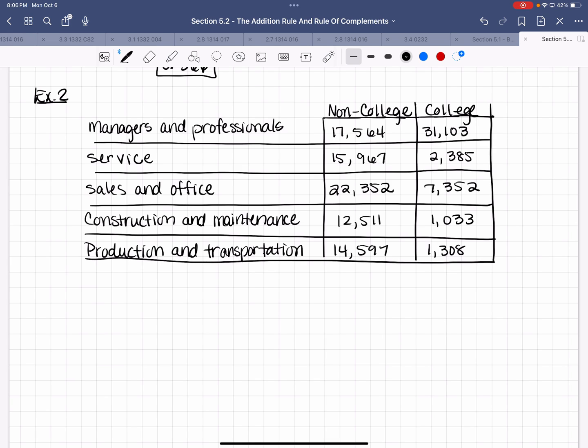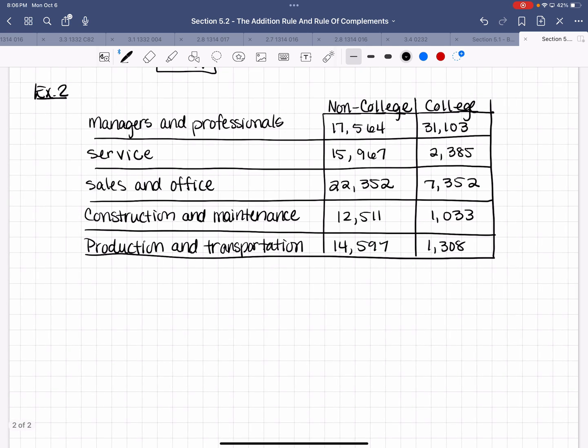Okay. Part A asks me, what is the probability that a selected worker, we're going to say that a worker, is a college graduate.